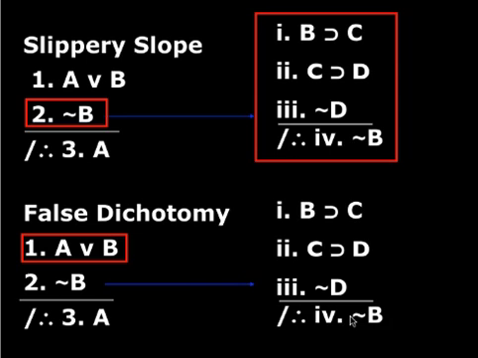But now that you understand what makes each fallacy a fallacy, you'll be able to recognize, hopefully, oh, this one's slippery slope, or that argument is committing false dichotomy, or this argument is actually committing both a slippery slope fallacy and a false dichotomy fallacy, or something like that. One last thing, and then I'll be done with this video.